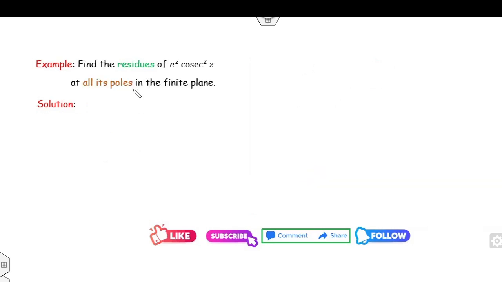Now find the residue of the given function at its pole. The given function is e raised to the power z over sin squared z. Now you can see this is a special function again, so let's start with this. Firstly, the point is not given to you at which you need to calculate the residue.